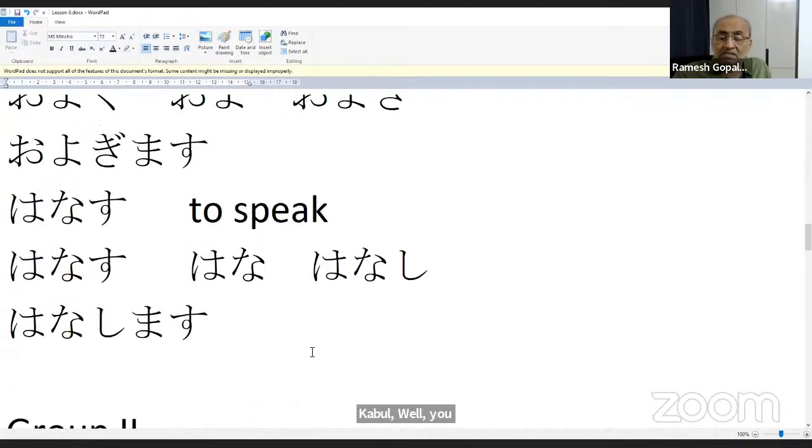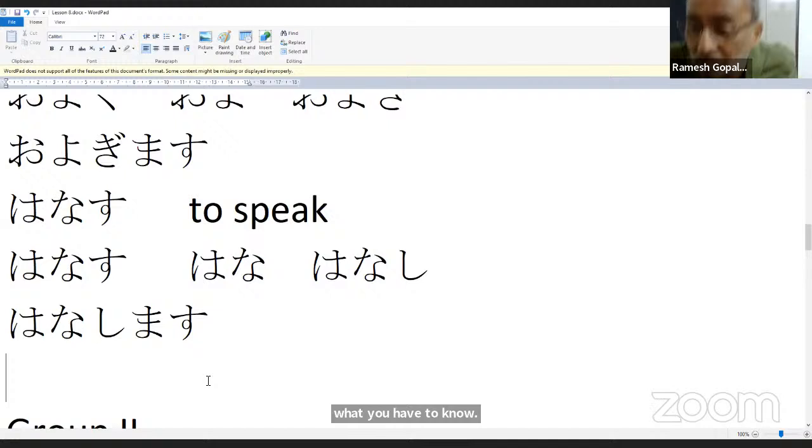Okay, so this is how you get your mas form. Now, this is what you have to know about the first group verbs, group 1 verbs, that is Godan verbs.